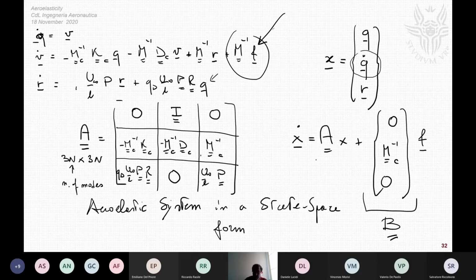And note that the matrix A, the state space matrix, is a function of the flight parameter U infinite. You have U infinite here, here, and whenever you see U infinite, you have the dependency on rho. You have the dynamic pressure here, and that's all. Okay, and you have an explicit dependency on this parameter, and then you can study the stability in a standard form.